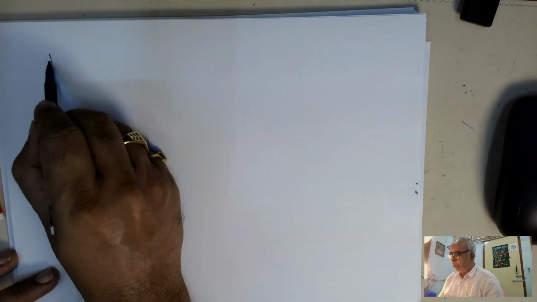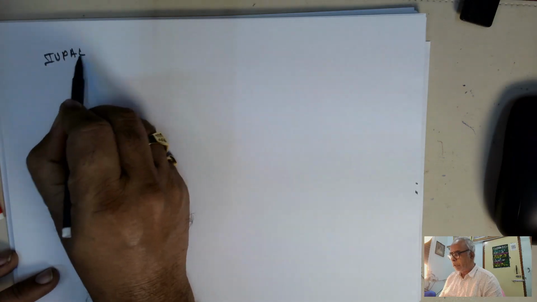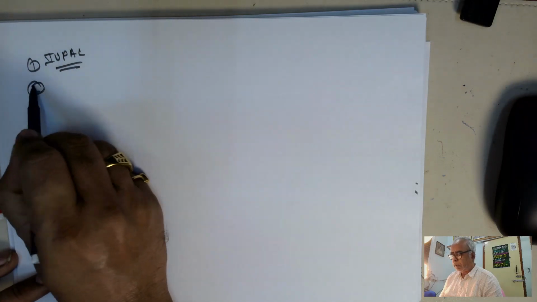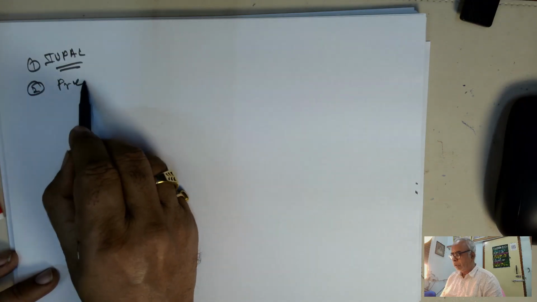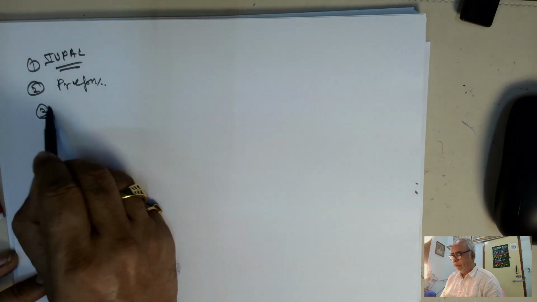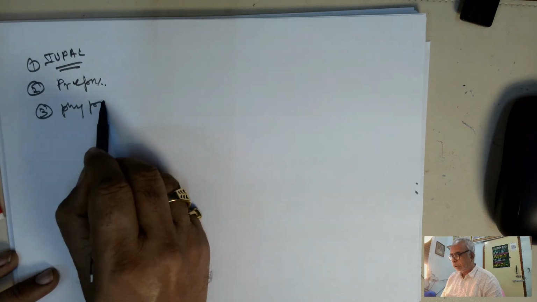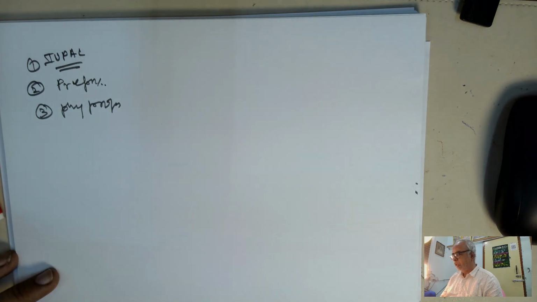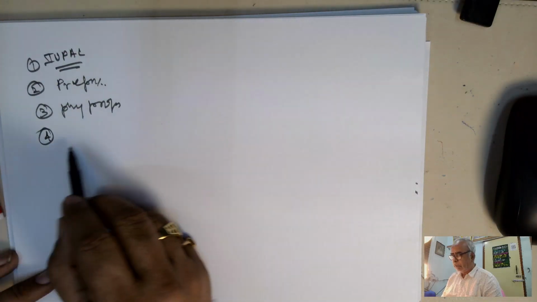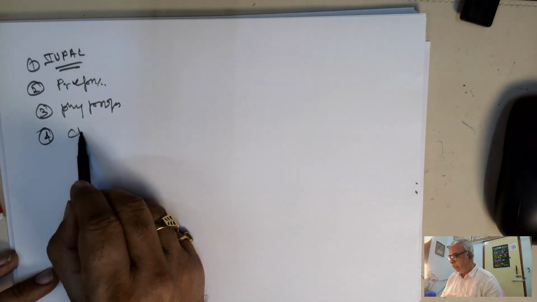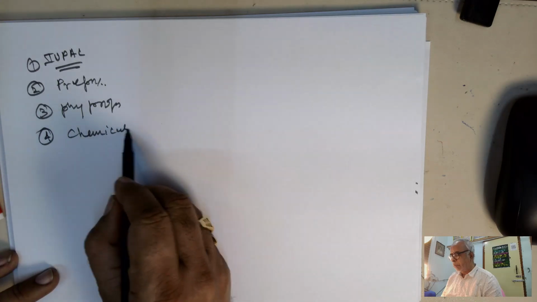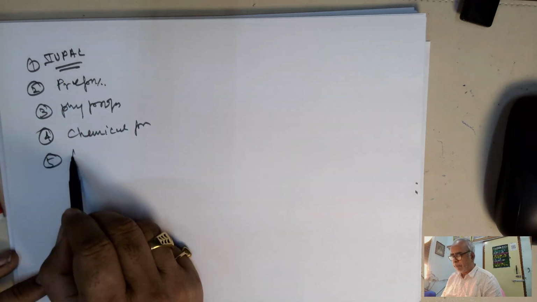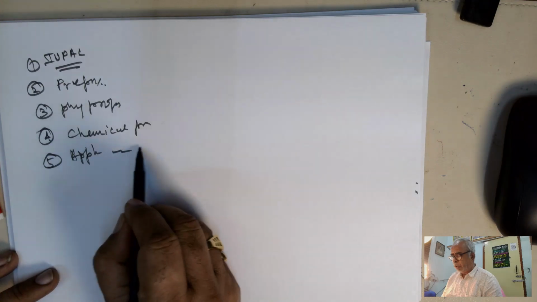So in organic chemistry, you can have IUPAC based questions, then preparation based questions, then physical property based questions, where you will find increasing order or decreasing order of the boiling point, etc. And you have general chemical properties based questions, and you may have application based questions.